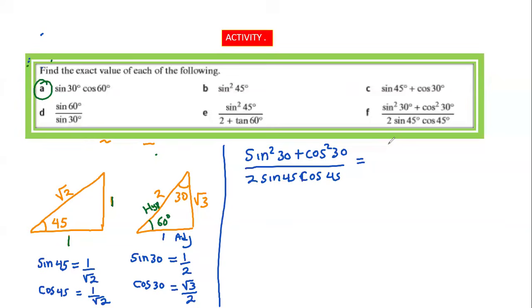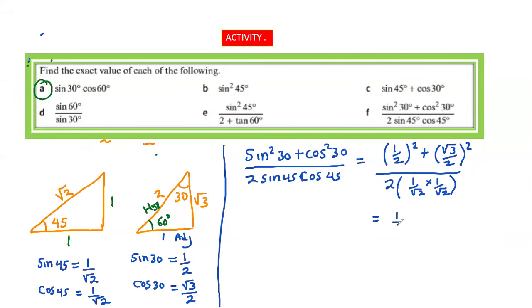So members, when we square a half, in a bracket, everything squared, we get 1 over 4.